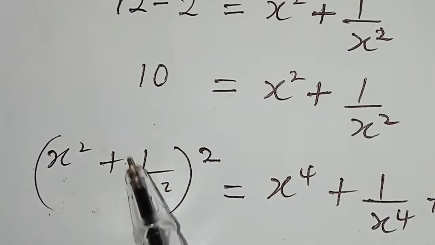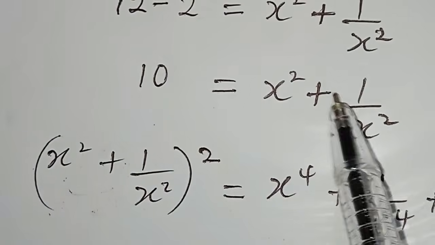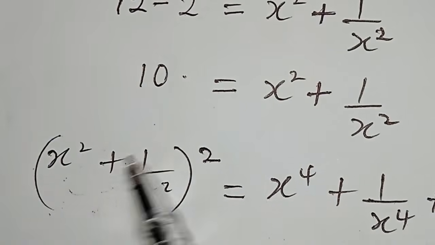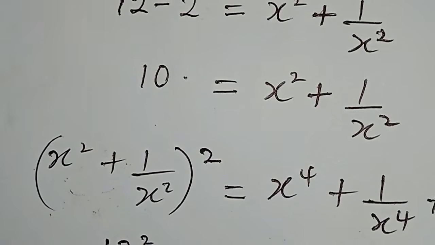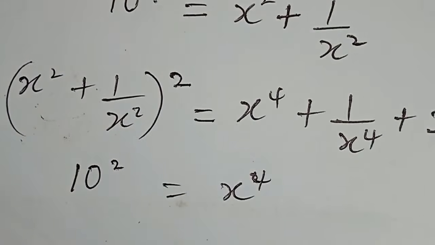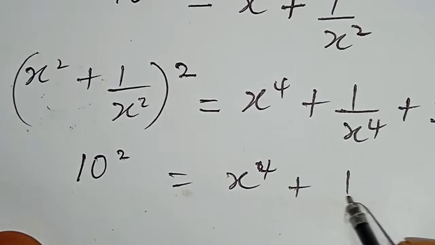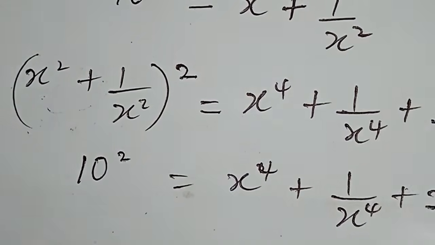As we've gotten earlier, the whole of this part in the bracket is equal to 10. So we replace this with 10. So we have 10 squared is equal to x to the power of 4 plus 1 over x to the power of 4 plus 2.